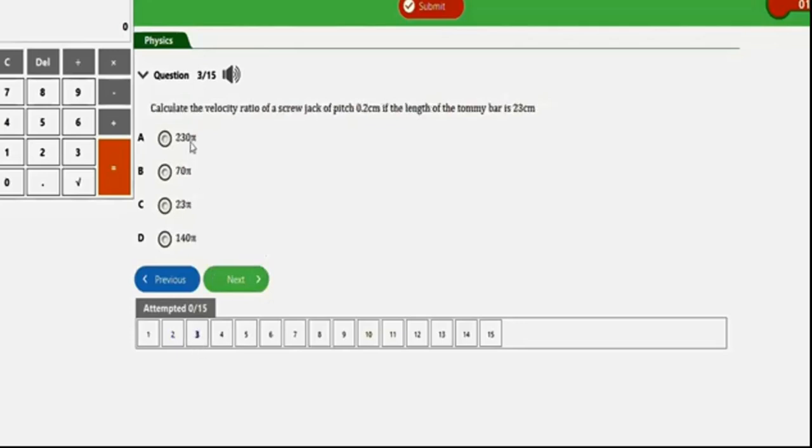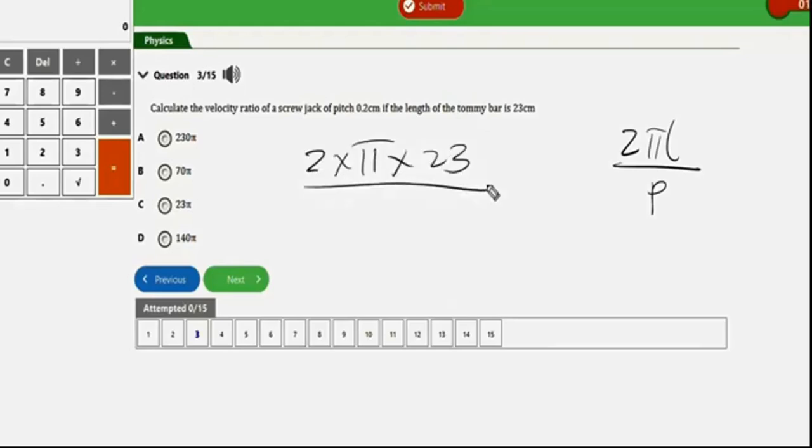It says, calculate the velocity ratio of a screw jack of pitch 0.2 cm if the length of the dummy bar is 23 cm. For this question, what you need is the formula, which is 2 pi L/P, where L is the length of the dummy and P is the pitch. So this is 2 times pi times 23 over 0.2.